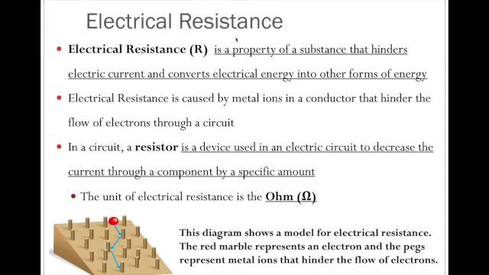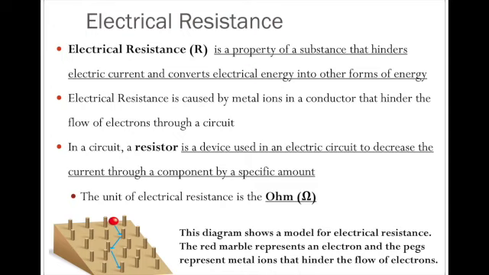Let's talk about electrical resistance now, another quantity that applies to electricity. Resistance is a property of a substance that hinders electric current and converts electrical energy into other forms of energy. Resistance is necessary. All things have resistance, and we put it into circuits on purpose sometimes.